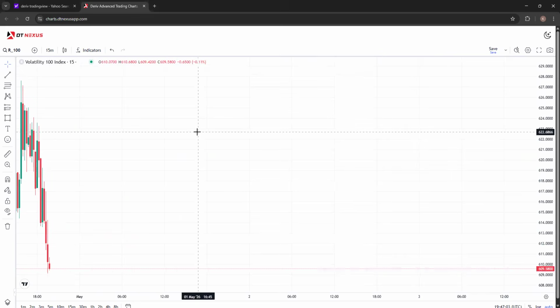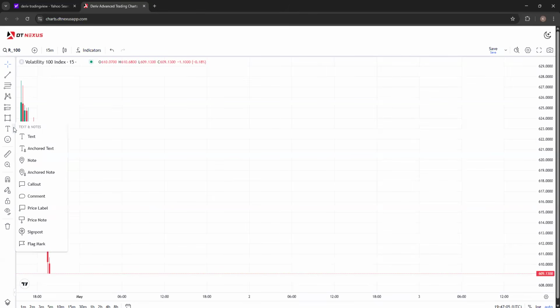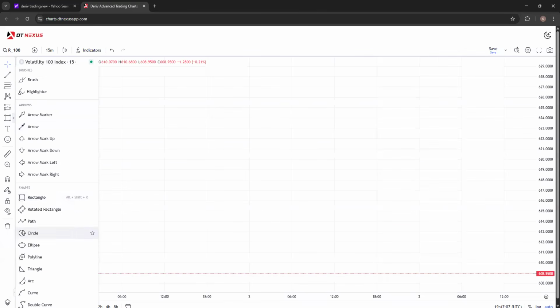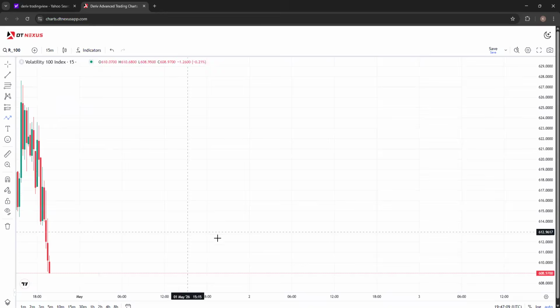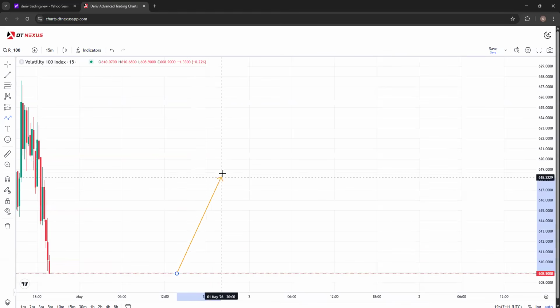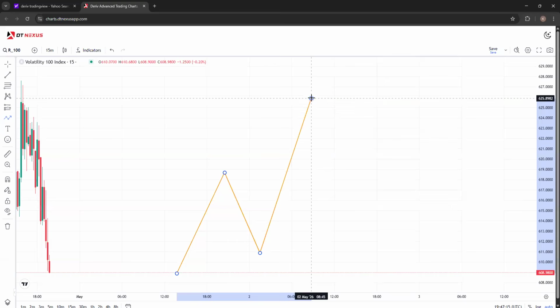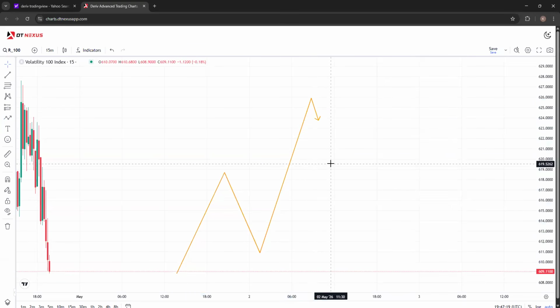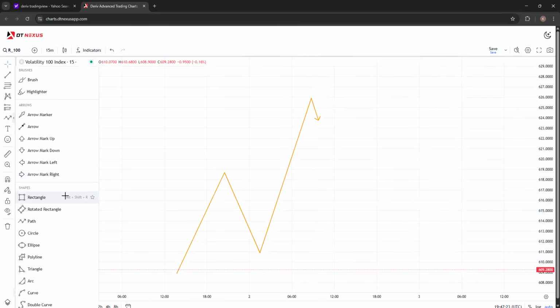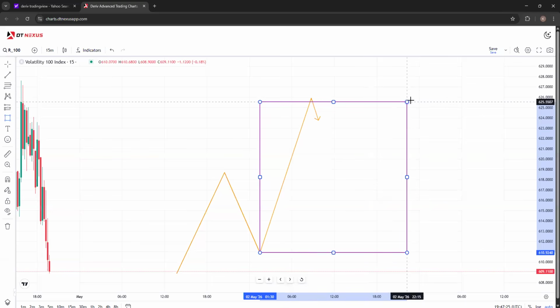Let's say now we have a trend and that trend is an uptrend. The proper way of doing things would be we want to see a high, a low, a high, and let's say we are not sure where the next low is going to come, right? The next thing that I'm going to do is I'm going to add my premium and discount levels.